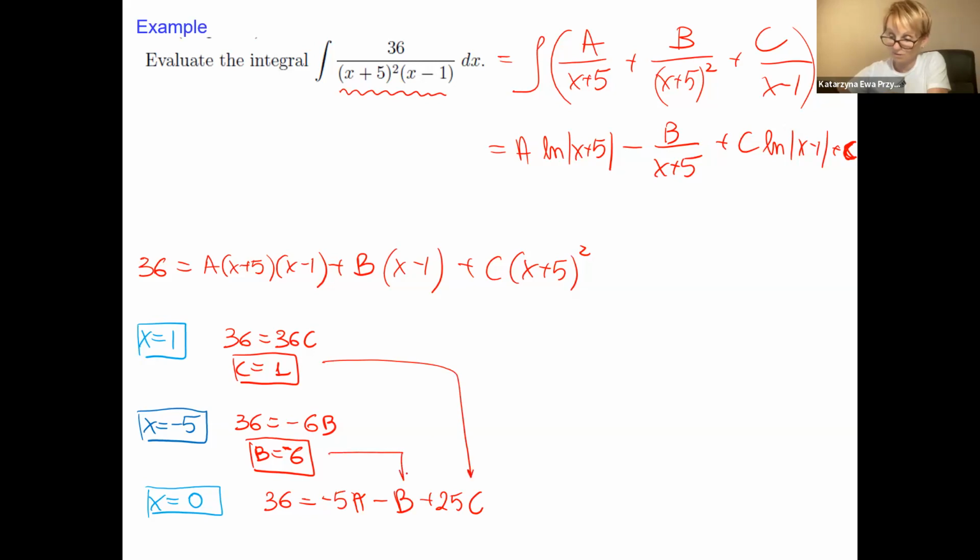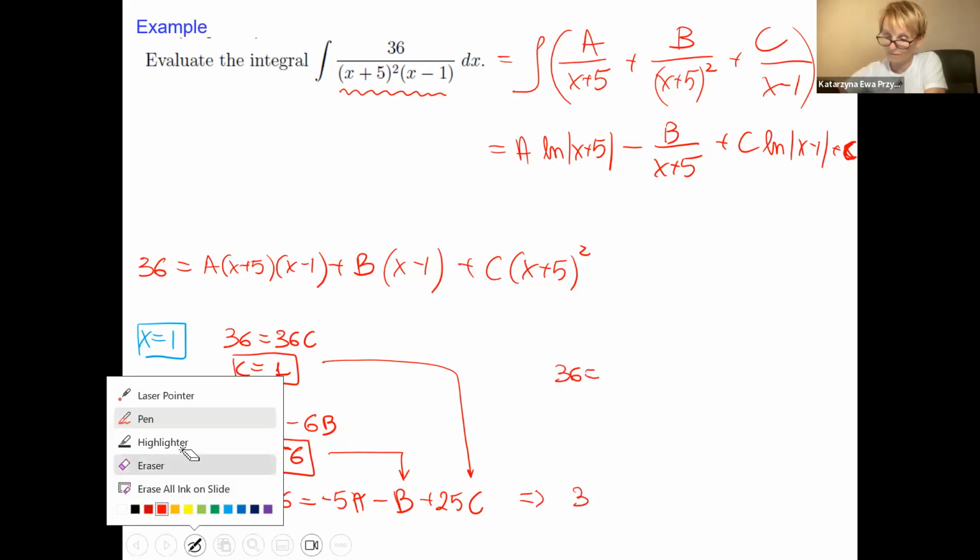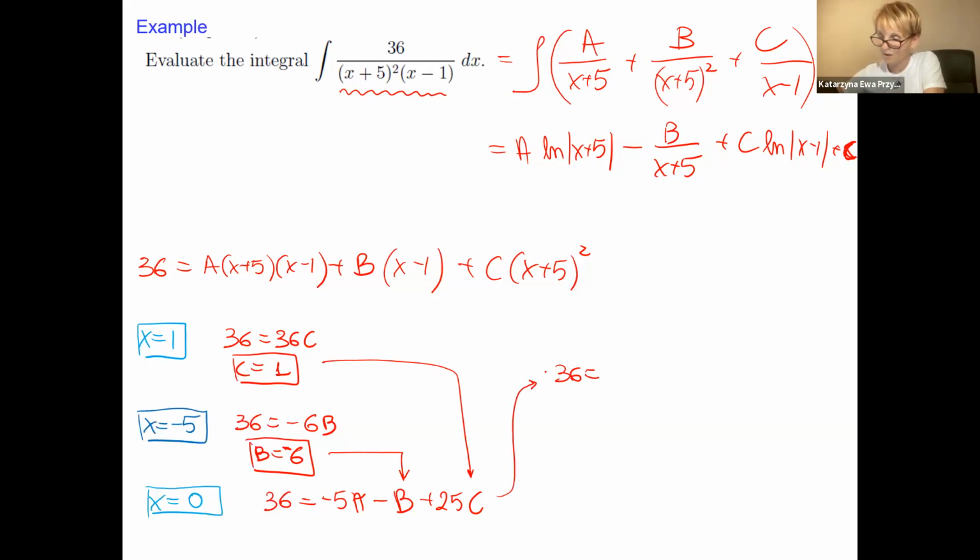I can substitute this. Let me write it higher. 36 equals -5a, this will be +6, and this will be +25. And now we can solve for a.